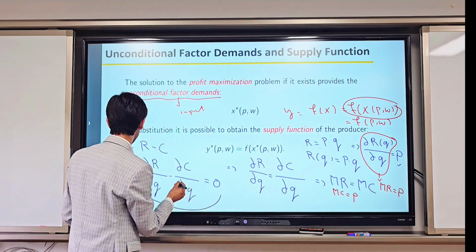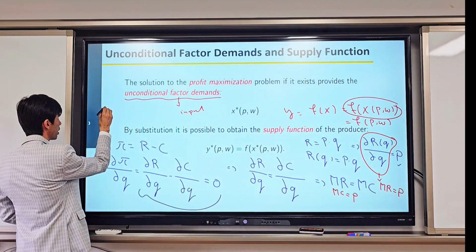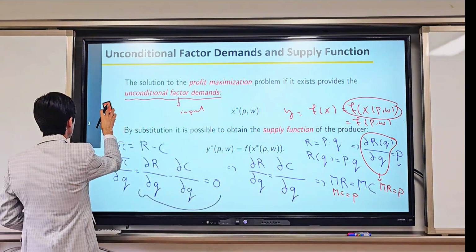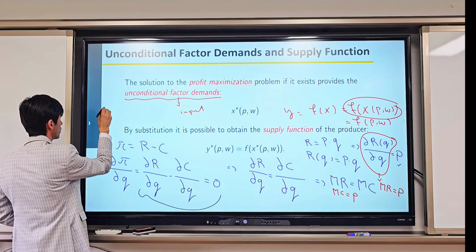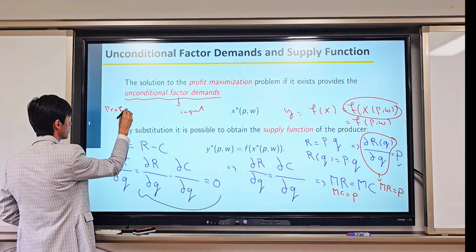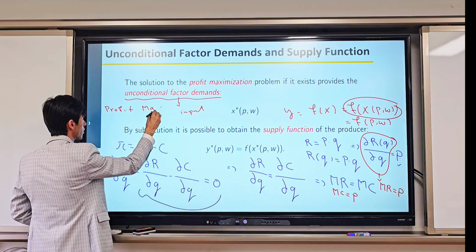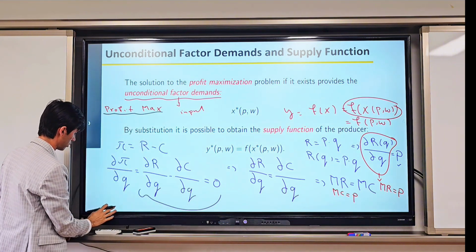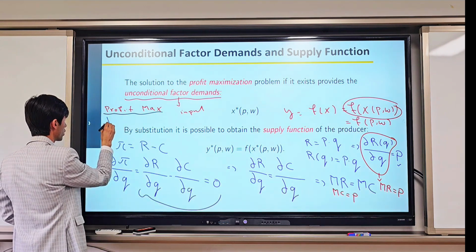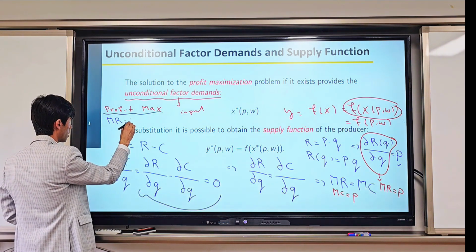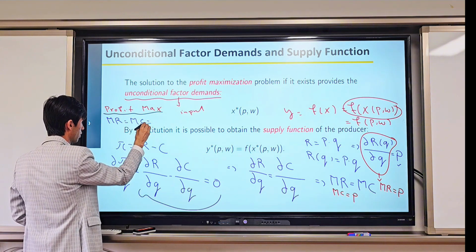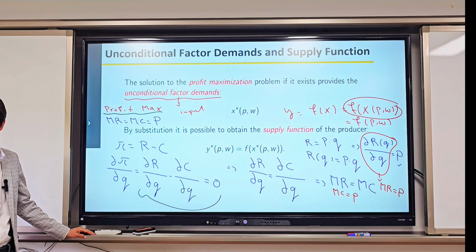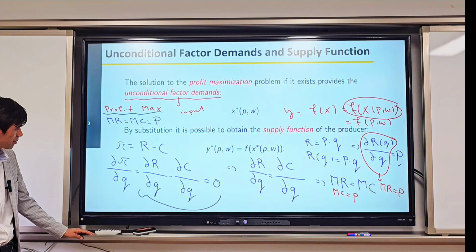But in the case of perfect competition, the profit maximization condition is this one: the marginal revenue is equal to the marginal cost and is equal to the price.